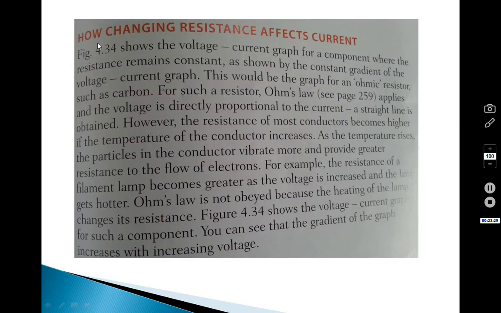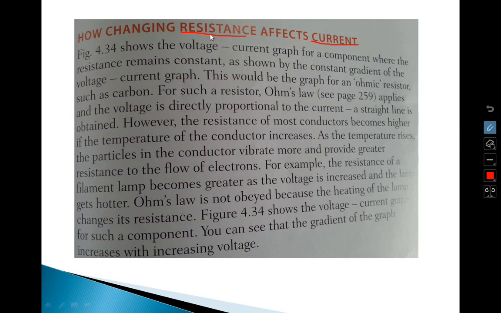So now we will discuss how changing resistance affects current. Resistance is changing, and how does it affect the current? As we said before, there is a strong relation between resistance and current.